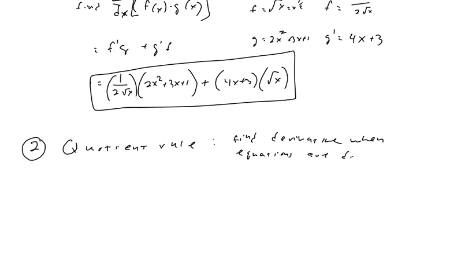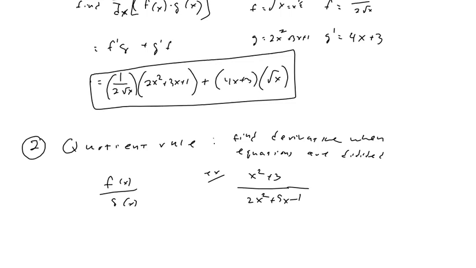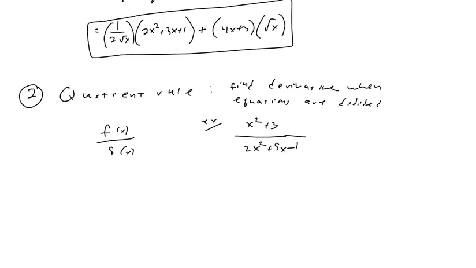So this is like f of x over g of x. And so this is things like x squared plus 3 over 2x squared plus 5x minus 1. Something where you have 2 equations divided by each other.